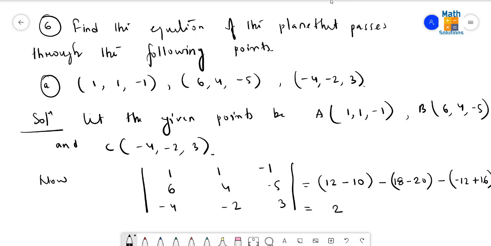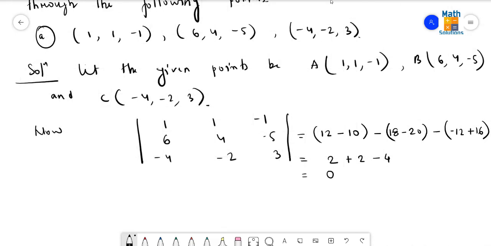Let us check what result we get. 2, then minus 2, then minus 4. So ultimately the result is 0. Since this value is 0, these 3 points will be collinear points.